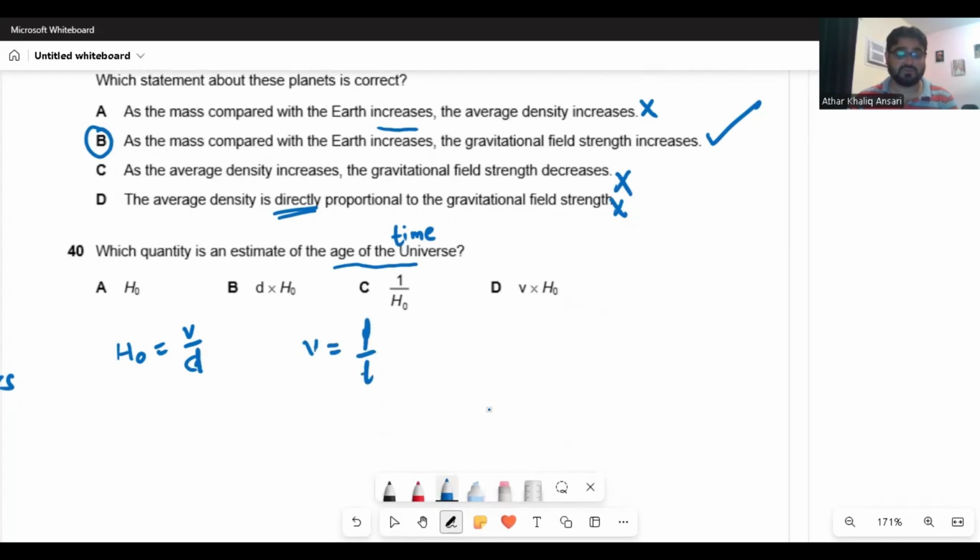So if you need to find time, time is equal to distance over speed. So if I flip this D over V, it will also flip the Hubble constant into 1 over H0. That will give us the time of the universe. So time of the universe in these options is option number C.